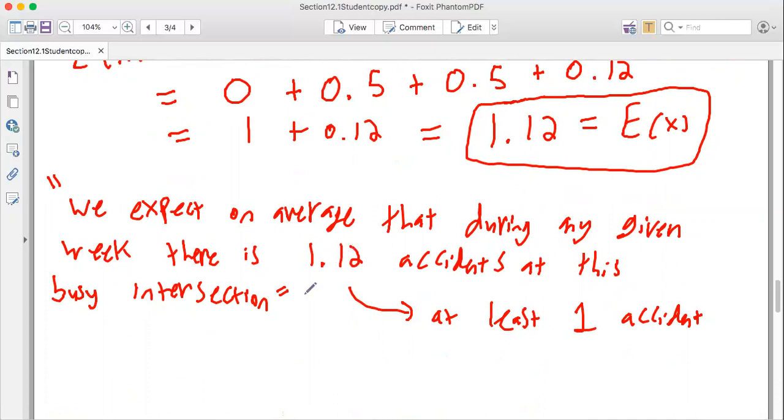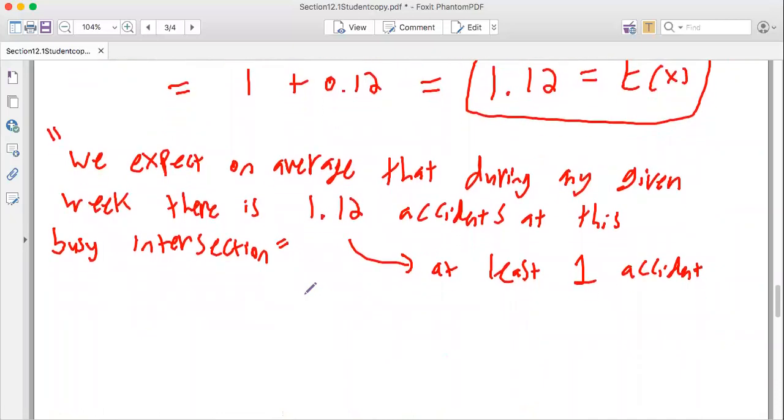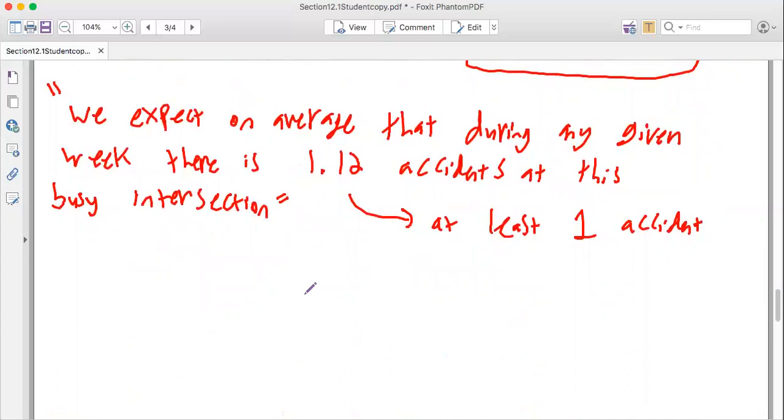which, depending on what we're using this information for, we would use it to perhaps lobby for better safety at this intersection. Maybe there should be a stop sign if there isn't, or, you know, we should reduce the speed limit, something like that. We would use this to then sort of corroborate whatever personal agenda we have. In this case, I'd say, yeah, it kind of looks like from the information that there's a reasonable amount of accidents happening at the intersection. We should do something about it, right?